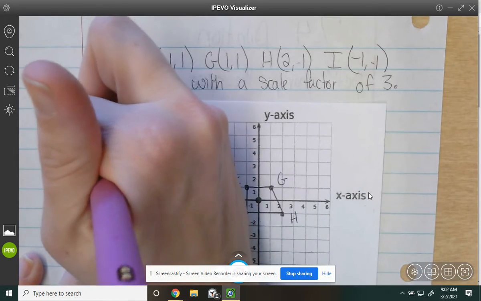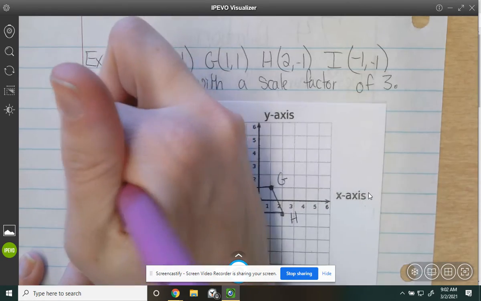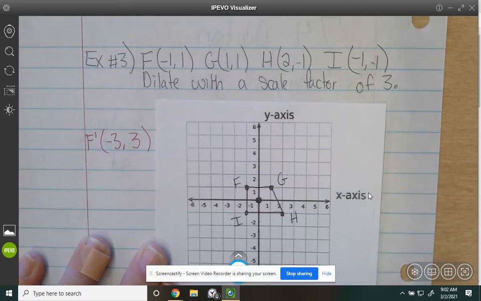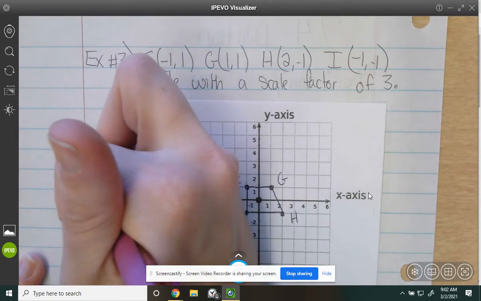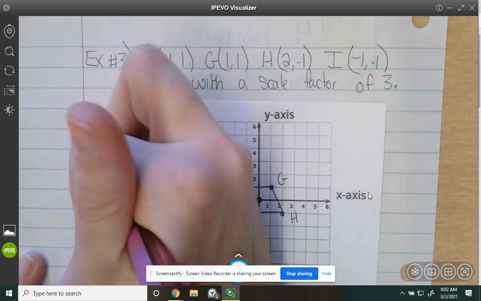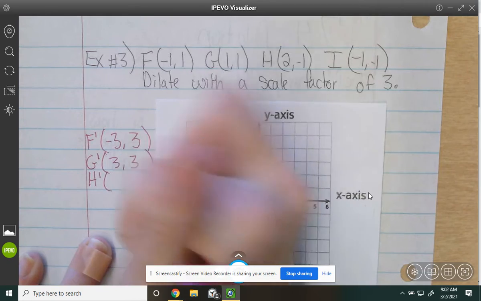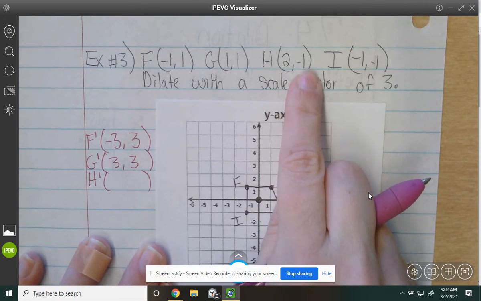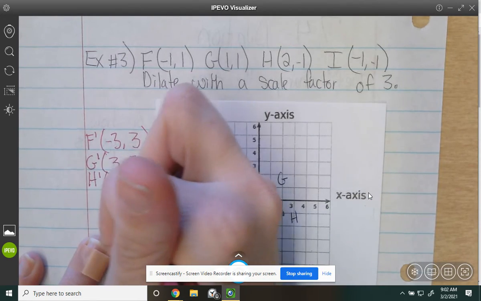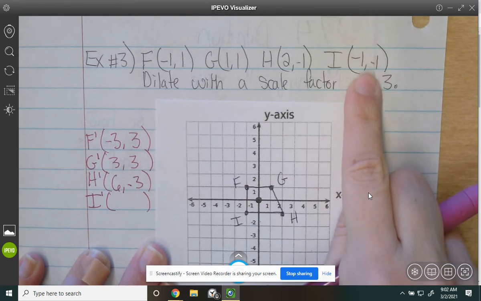So F prime is not at negative 1, 1. It's now going to be at negative 3, 3, because I'm just multiplying by 3. I'm going to go ahead and do all of these, and then I'll graph them. That would now be 3, 3, because I'm multiplying by 3. To negative 1, that would be 6, negative 3, and then negative 3, negative 3.